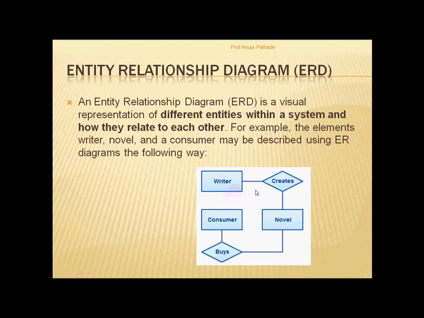You can see here, a writer creates a novel. Creates is the relationship between the two entities, writer and novel, whereas a novel is bought by the customer. So buy is a relationship between the consumer entity and the novel entity. We represent this logically with the help of a diagram, because it shows us a logical representation, not only things in existence.